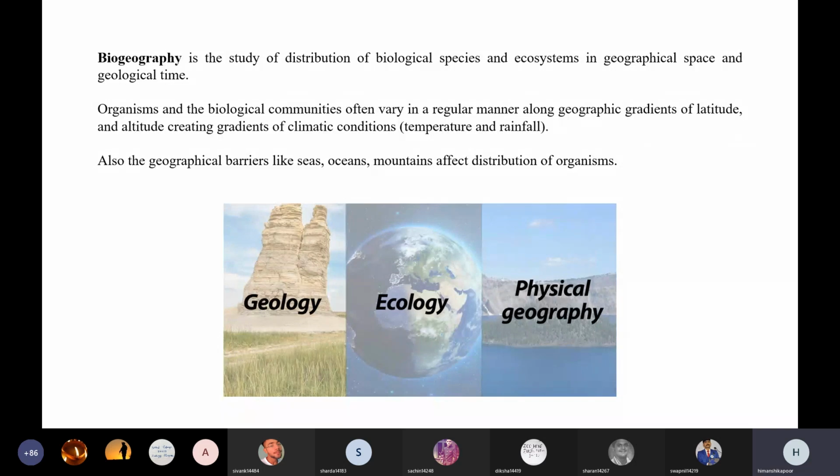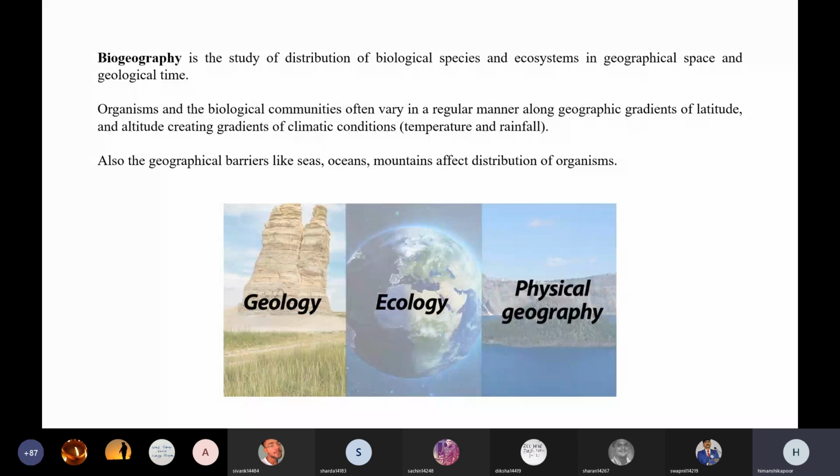So there will be differences in flora and fauna across geographical zones.